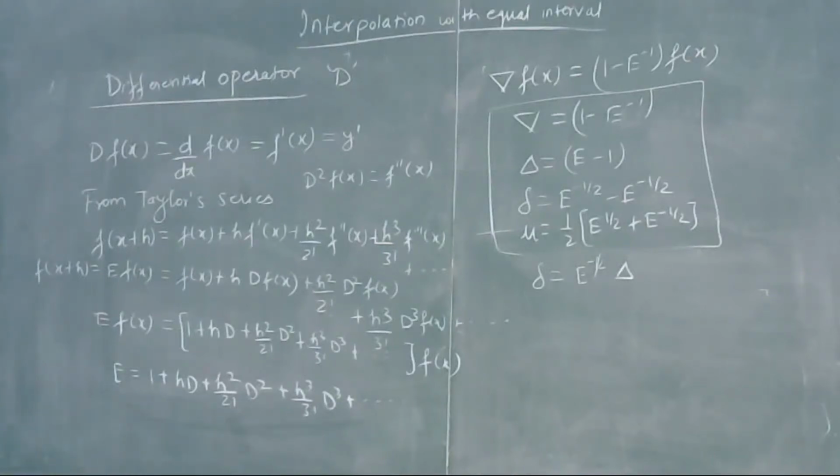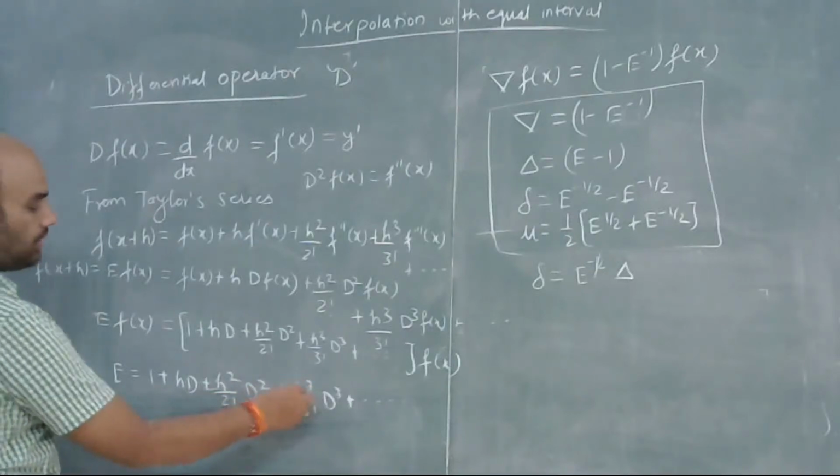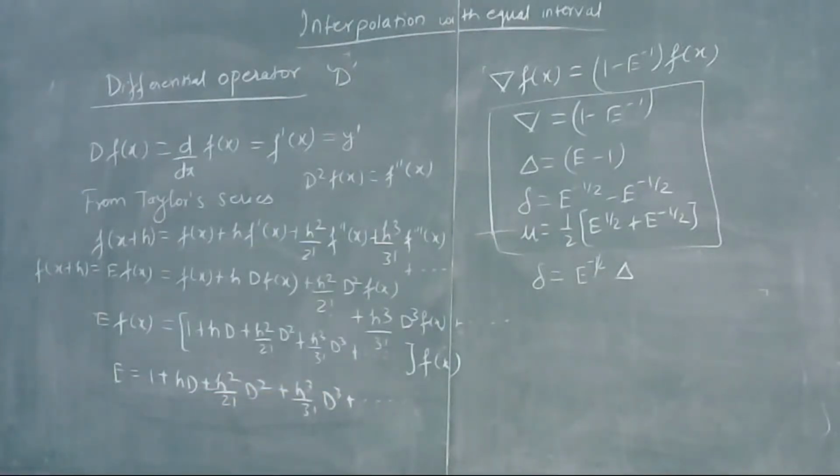So this series is 1 plus hD plus (hD) whole squared by factorial 2 plus (hD) whole cubed by factorial 3.